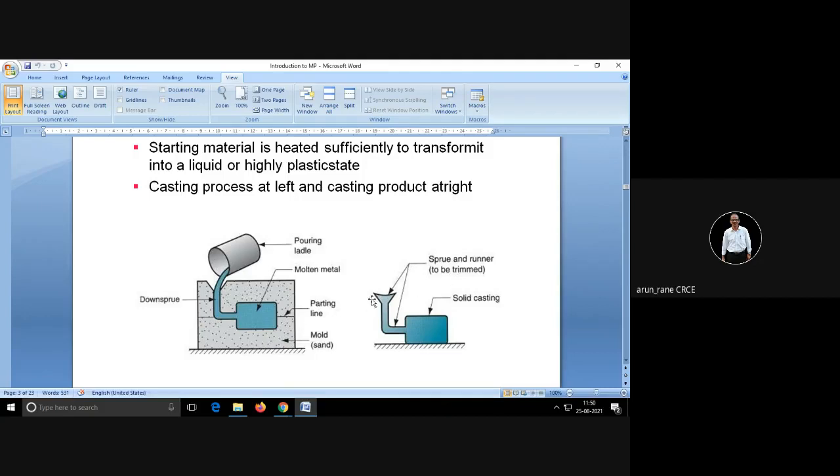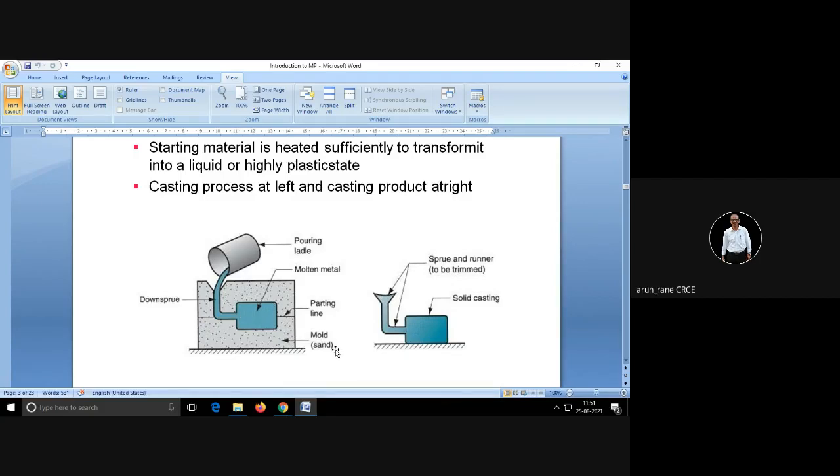Now this is called the sprue, the down sprue. The sprue collects the material from the ladle to the mold. Then this portion is called the runner. And then from the runner, where the material enters inside the cavity, that is called the gate.